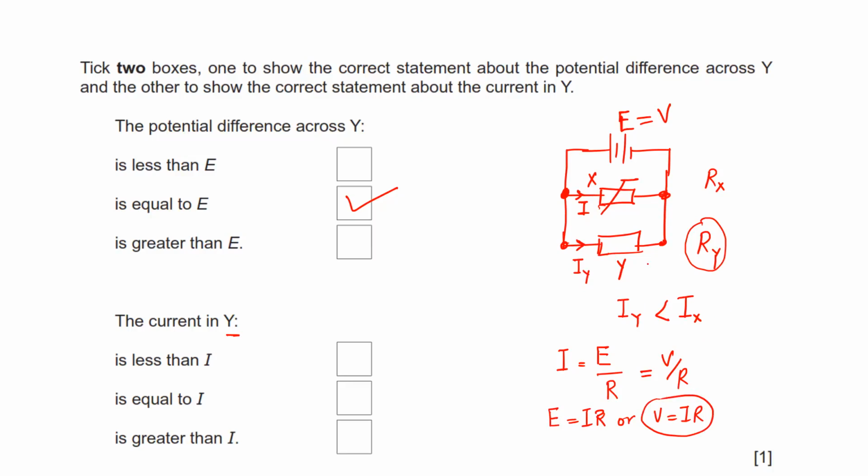So if my voltage is the same across X and Y, then Ix is equal to V divided by Rx. If my voltage is the same and my resistance value is more, then my value of current will be lesser. So I will be less than the right choice for this case.